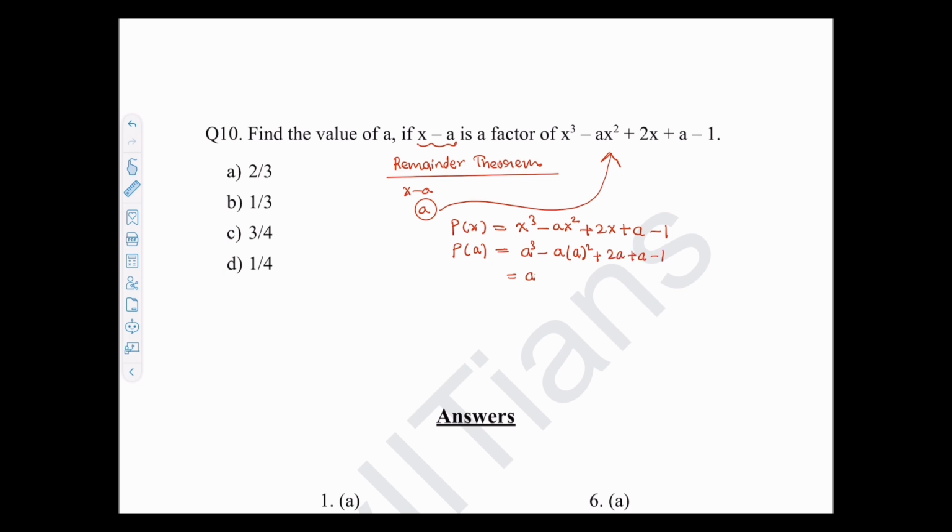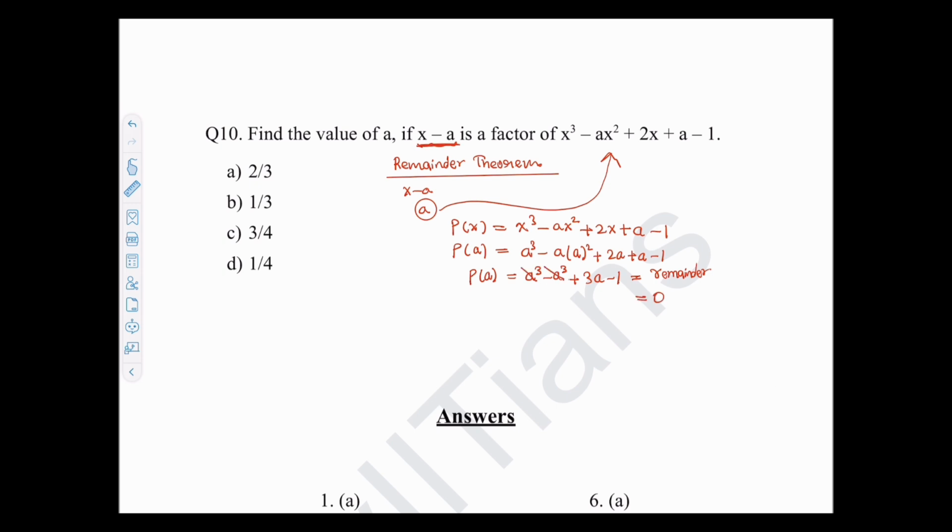So we will be getting a cubed minus a cubed plus 2a plus a, which gives us 3a minus 1, isn't it? This is going to be our P of A, and this is going to be our remainder. And since it has to be a factor, the remainder has to be equal to 0, isn't it?